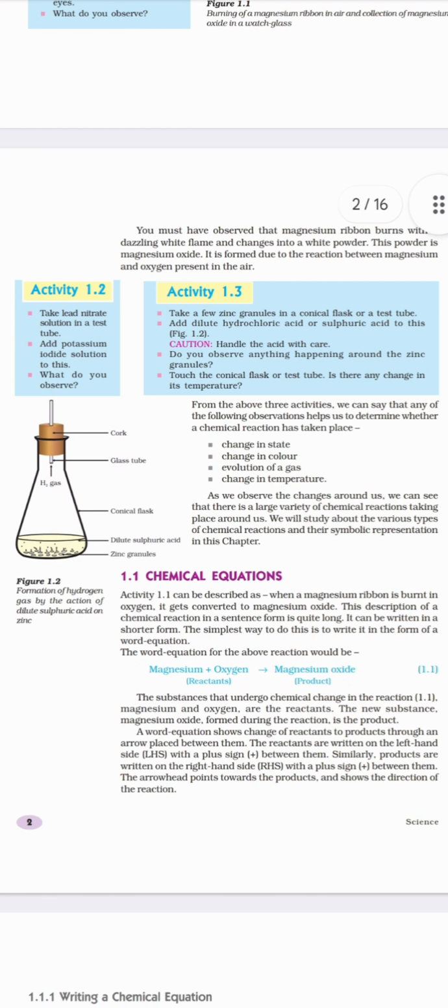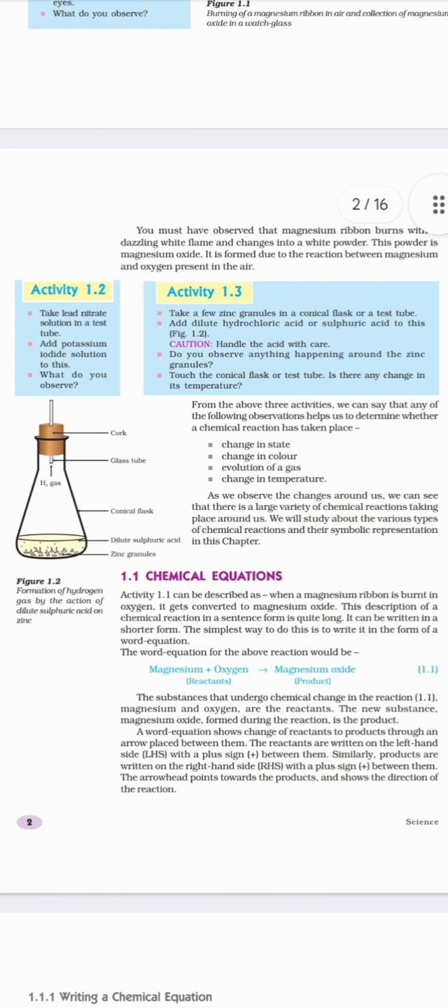The correct way of writing a chemical reaction is that reactants are taken on the left with a plus sign in between, which denotes that both are reacting. The substances that undergo chemical change in a reaction are known as reactants, that is, magnesium and oxygen here are reactants, whereas the new substance obtained, magnesium oxide, is the product.